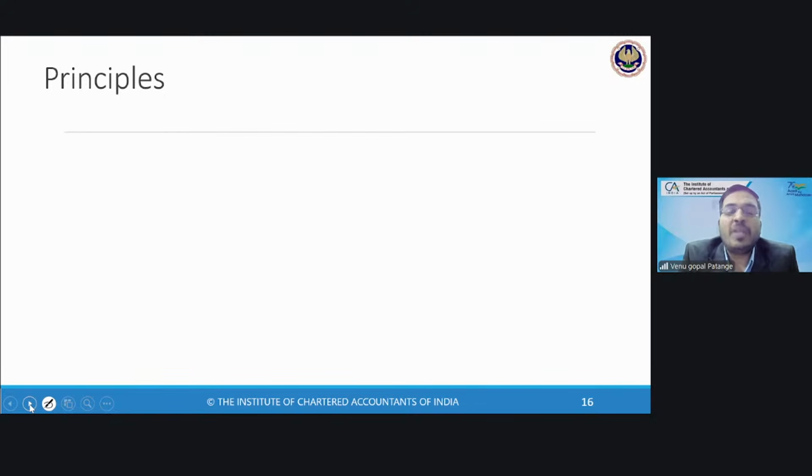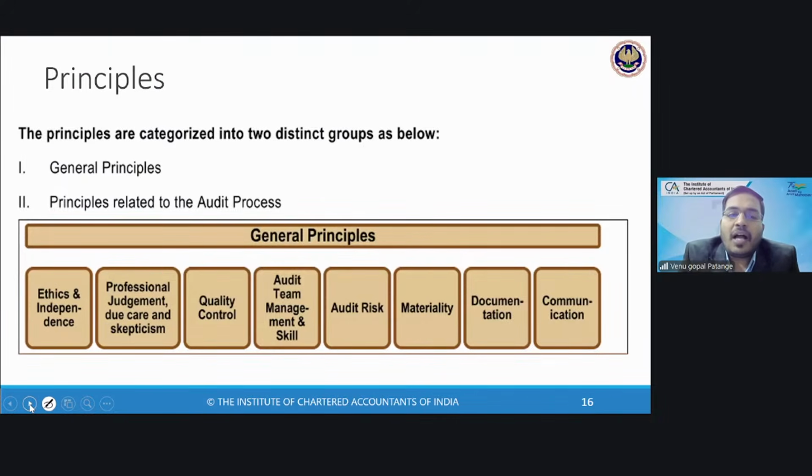Next, we'll go to principles. Again, we all know what the principles of audit are. We have general principles, and we have principles related to the audit process. Let us not discuss more about it in this chapter because you already know this. Can anyone quickly explain what is ethics and independence?